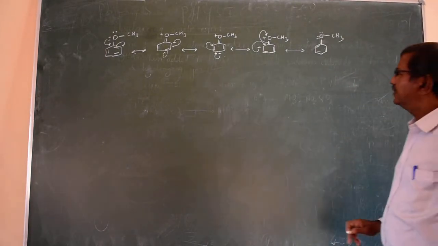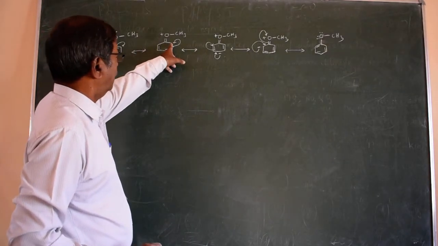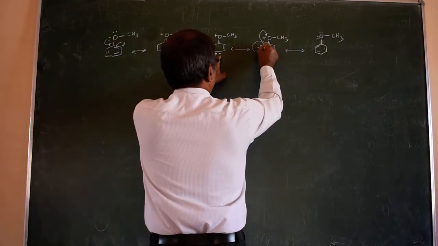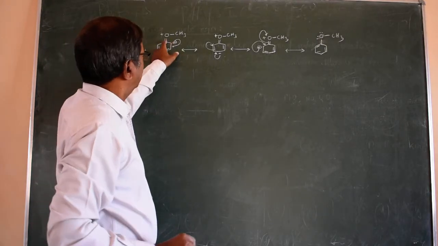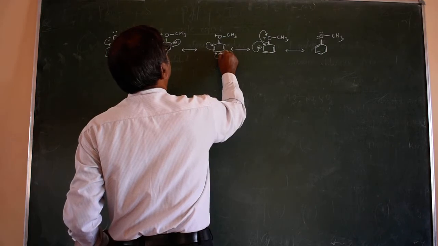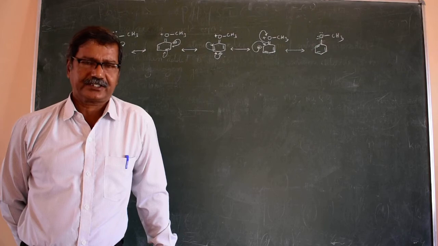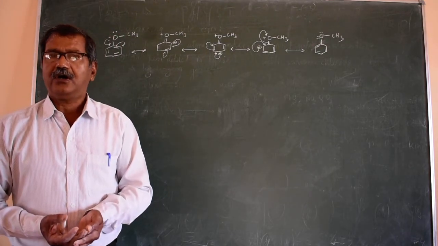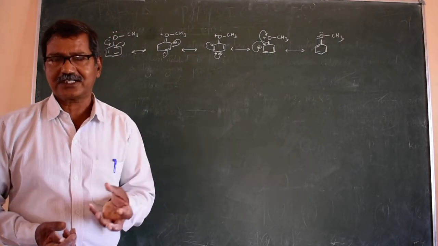Well, this indicates that we have the negative charge on ortho and para positions. So these are the ortho positions, meaning adjacent carbons to this carbon, and we know this is called the para position. So you are getting ortho and para products when anisole or aromatic ether undergoes an electrophilic substitution reaction.